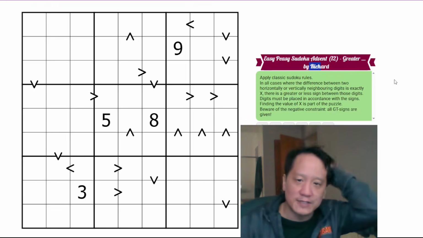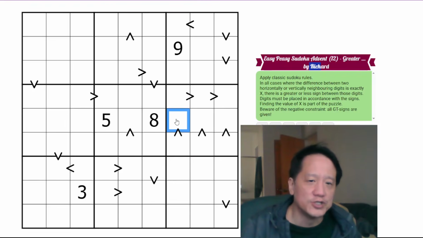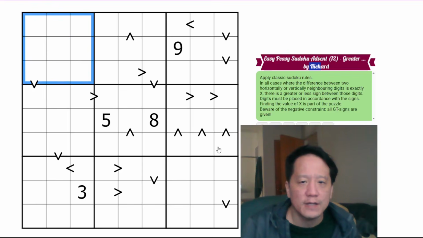Apply classic Sudoku rules, which means in every cell in the grid, place a single digit from 1 through 9 such that there are no repeats in any row, column, or designated 9-cell region. In all cases where the difference between two horizontally or vertically neighboring digits is exactly x, there is a greater or less than sign between those digits. Digits must be placed in accordance with the signs.